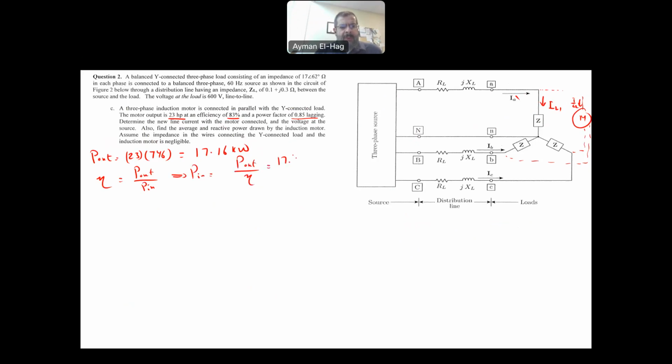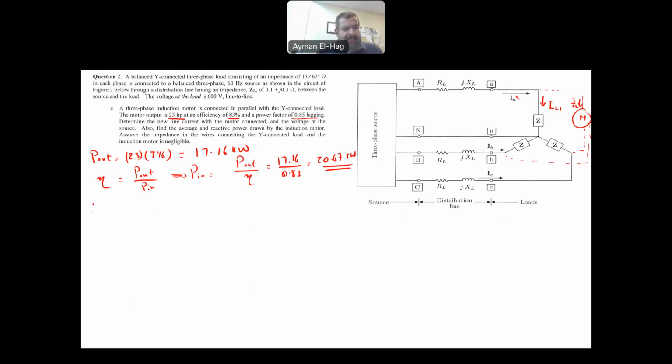It is 17.16 divided by the efficiency, that is 0.83, and this will give me 20.67 kilowatt. That is the input electrical power. This is how much power the motor is basically consuming.